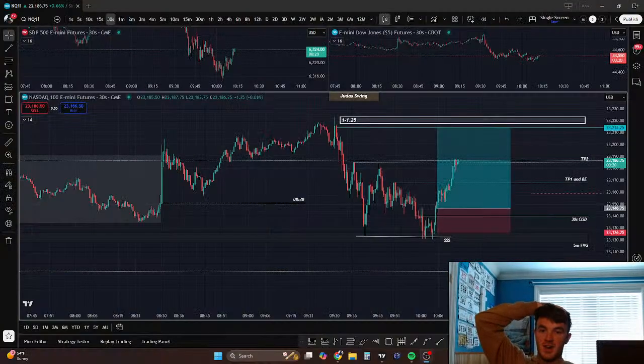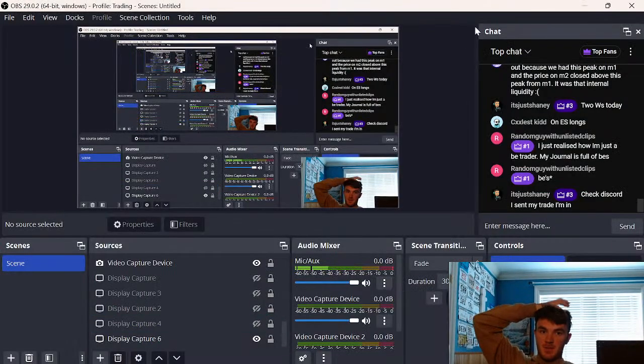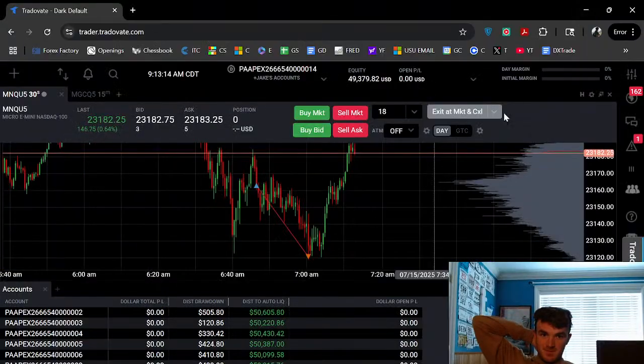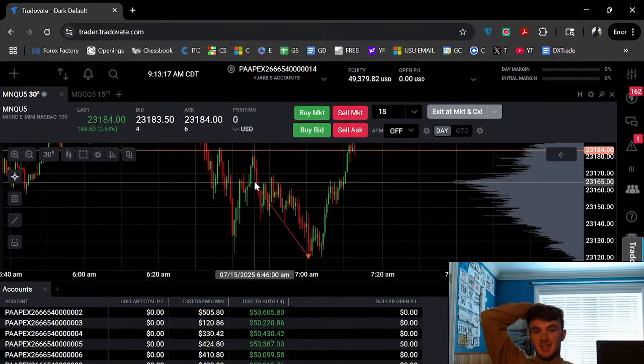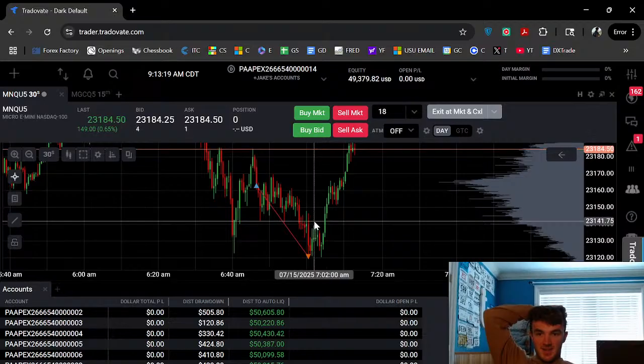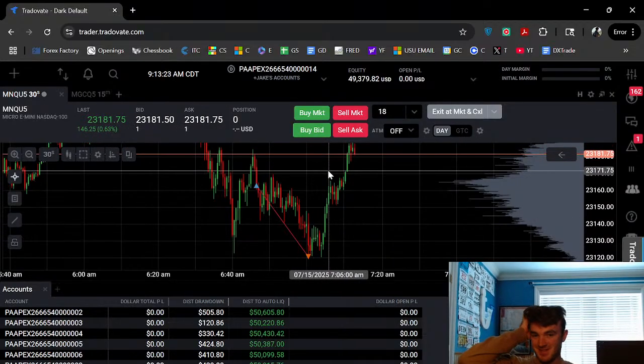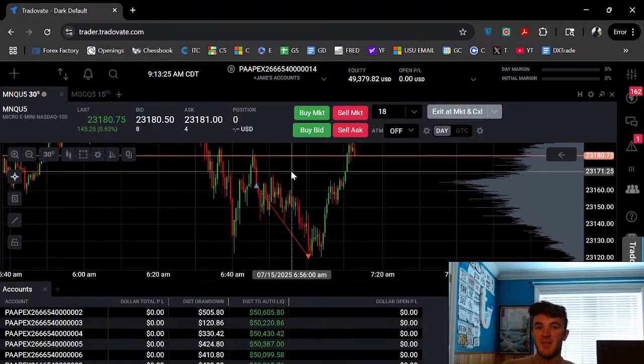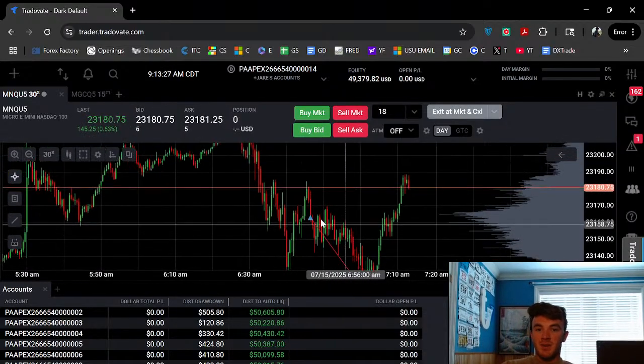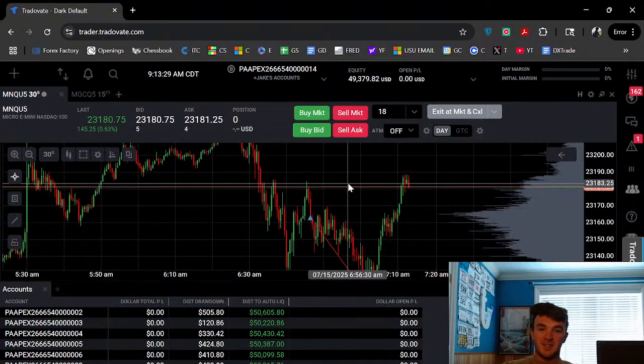I'm trying to figure out how to switch this. Yeah, like I said, guys, this was not the best trade, unfortunately, because it was just not ready to run liquidity, guys. I forced it.